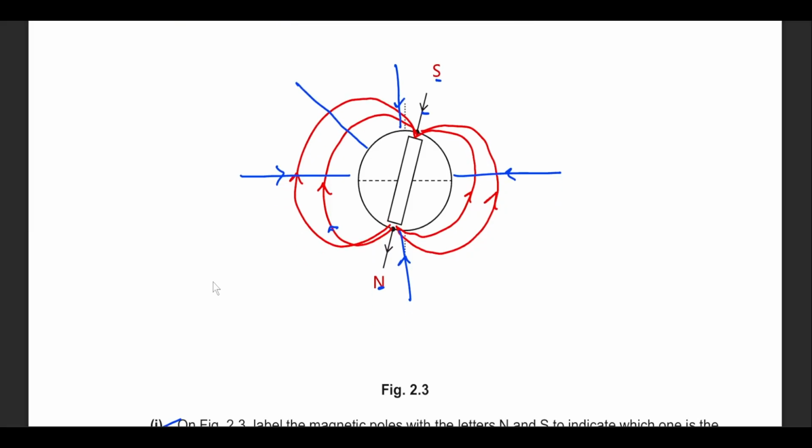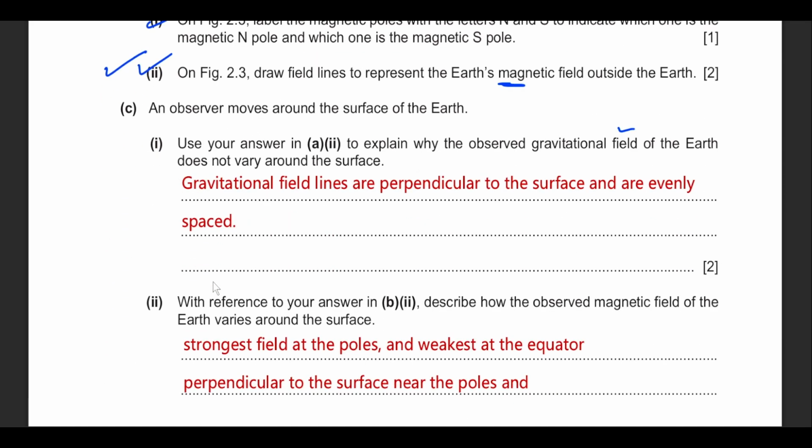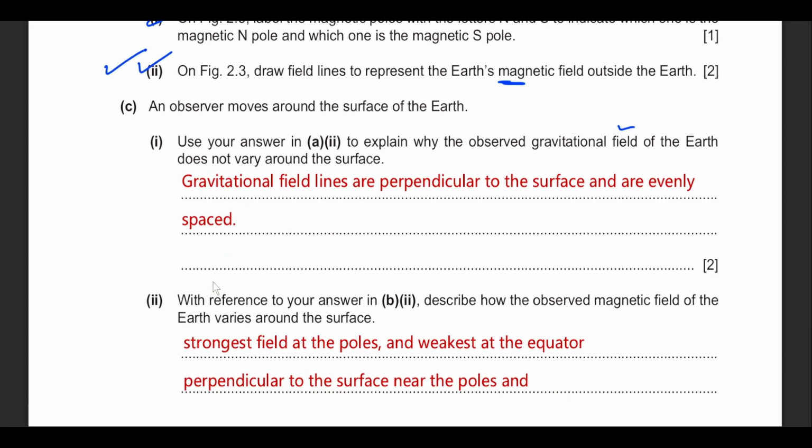If I wanted to draw more, we can draw more, which means that the person walking through them keeps experiencing the same number of lines of gravitational field. He's experiencing the same spacing between the field lines, which means that the strength of the gravitational field, or g for that matter, is going to be constant or fairly constant.